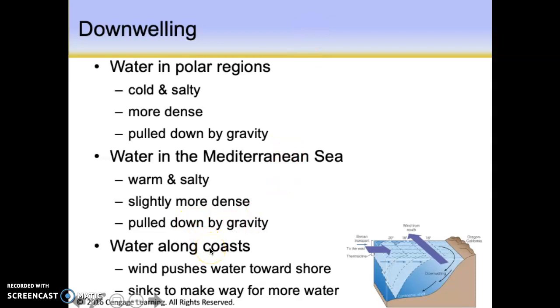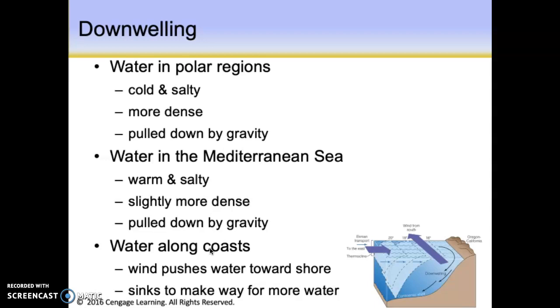So the third thing that's listed on this slide is the wind. And the wind can basically push water down when there is no other option. And what they're showing here, it's kind of complicated, but to keep it simple, the best way to think of this is that the wind is pushing the water toward the shore.